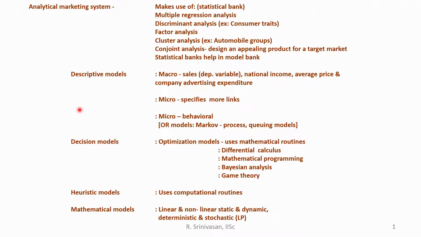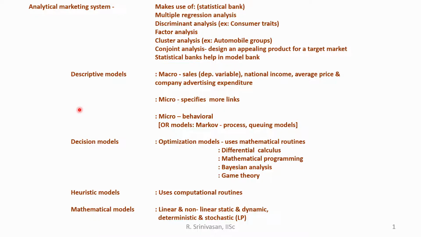Welcome to this class. In this class, we will first look at what this analytical marketing system is. What does it make use of? When we are looking at an analytical marketing system, we are looking at basically the statistical bank.